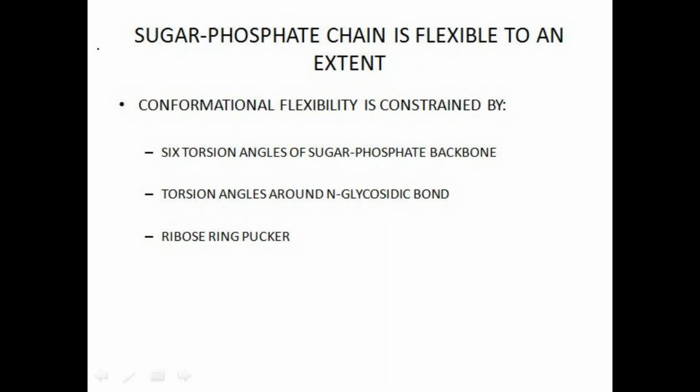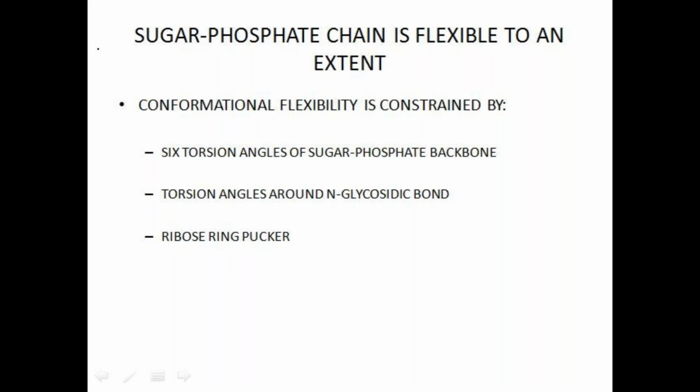Okay, and also different types of anions are present around the sugar phosphate, and they maintain the conformational stability of the DNA helix. Also the torsion angles around the N-glycosidic bond are present. These are also maintaining the stability.